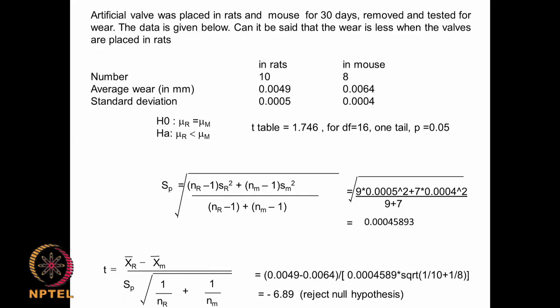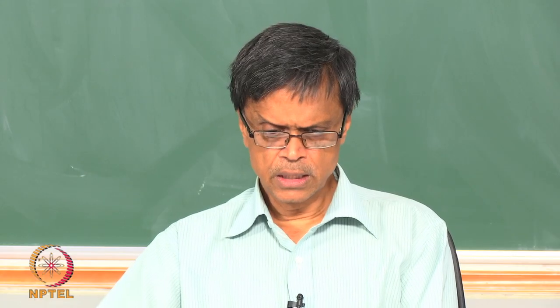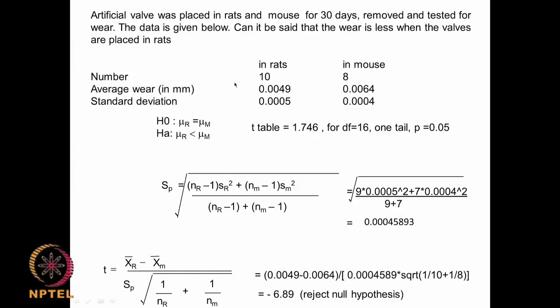In Excel, you can do the 2 sample t test when the variances are equal, and the 2 sample t test when the variances are not equal. But that t test function cannot do this type of calculation, because in this data raw data is not given, the average wear and standard deviation are already given, whereas that Excel function t test can be done only when we have the raw data.